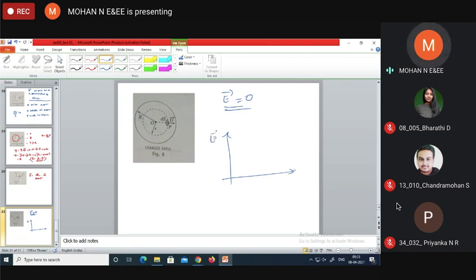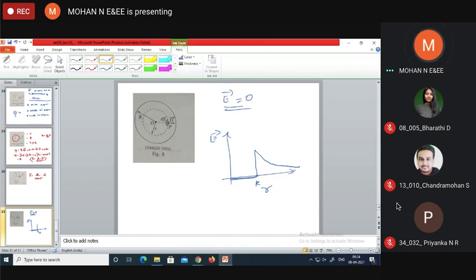So this is my field intensity and this is my distance. As the distance is increasing, what happens? For example, up till it becomes equal to R, the field intensity is 0. So this is R. And after that, the field intensity decreases.